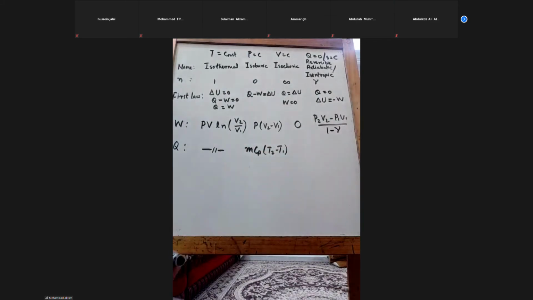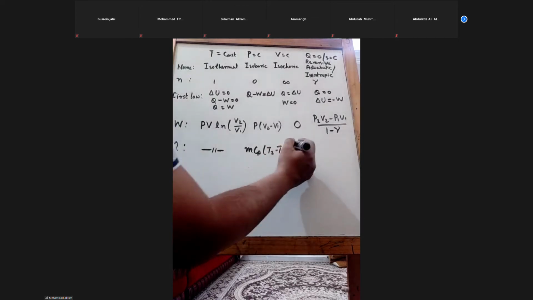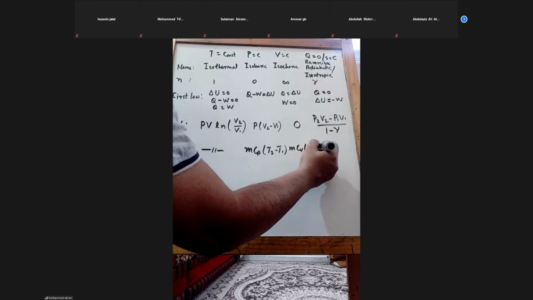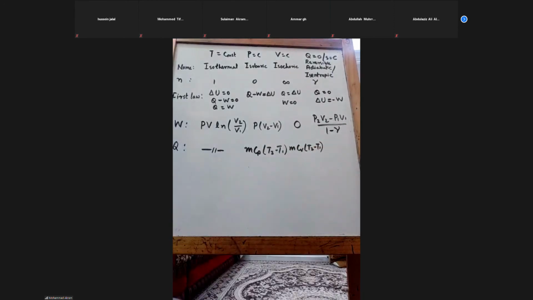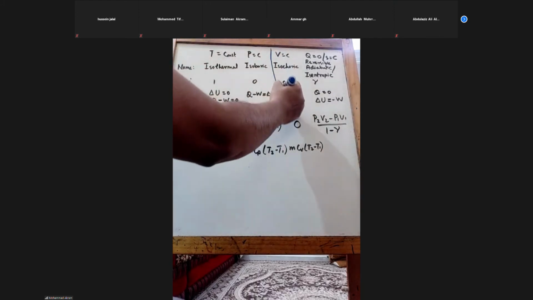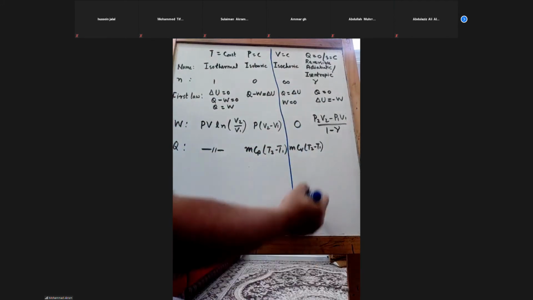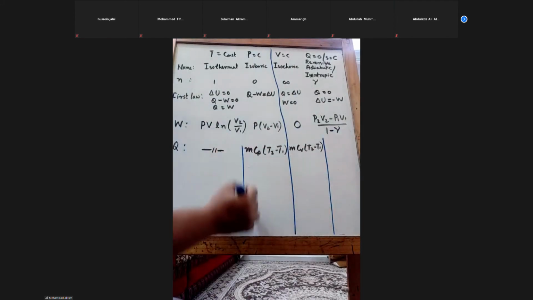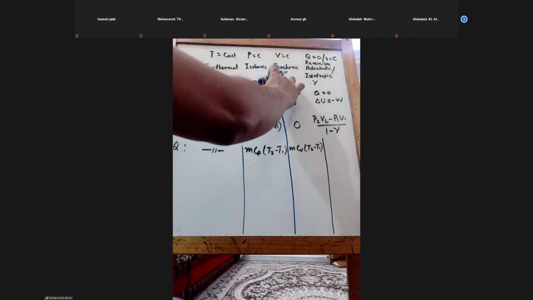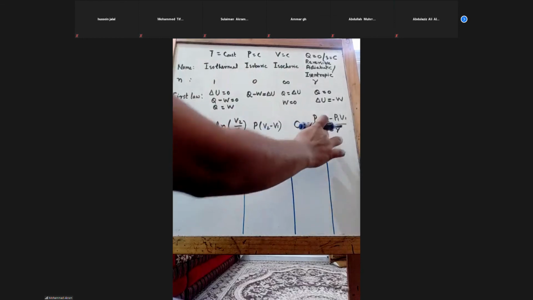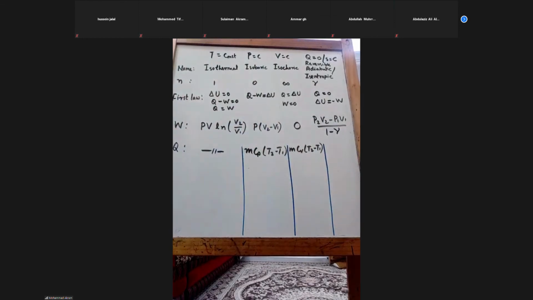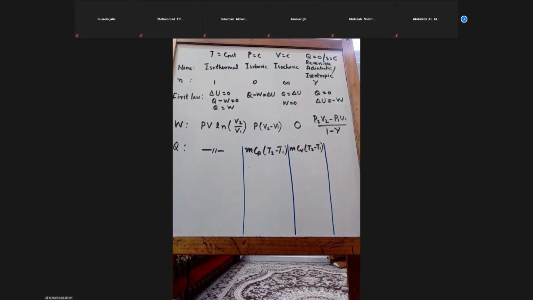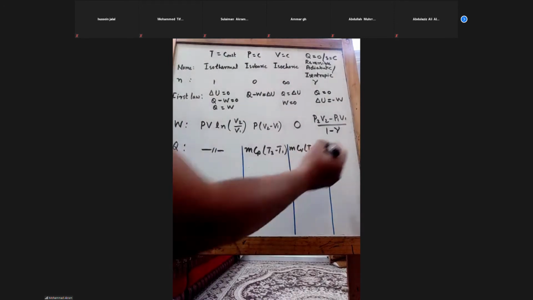This equation you can use for calculating the Q. And M CV T2 minus T1. And Q is 0 for adiabatic.